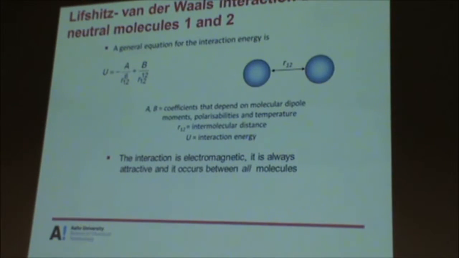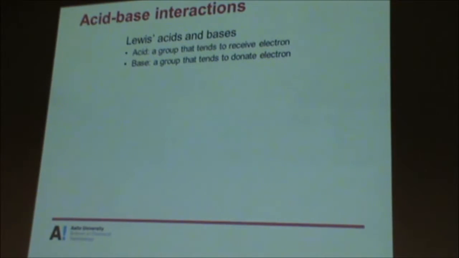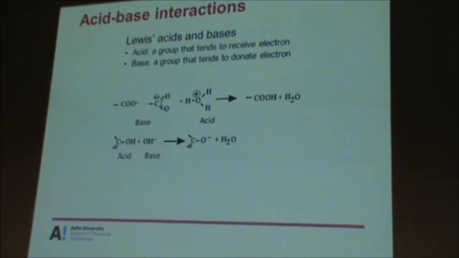If you check Coulomb's law, you will see that it's 1 over r squared. So at larger distances, let's say more than a few nanometers, the acid-base interactions are negligible, and the most important interactions will be the electrostatic interactions and the van der Waals interactions. Acid-base interaction, as I said, is because of electron-rich species interacting with electron-deficient species. So there is a donation of electrons, and there is physical, chemical contact of these two species.